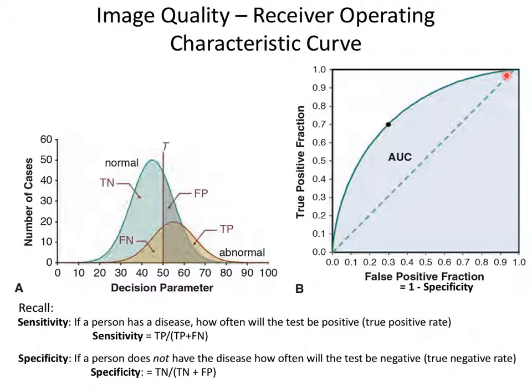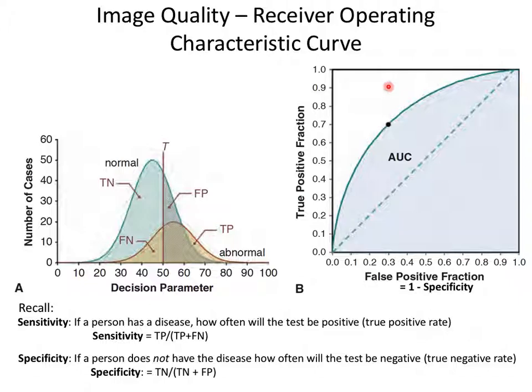You basically test different thresholds and look at this curve and see how close this curve gets to that corner. And you'll see this curve often in papers where people are evaluating, say, CT for the detection of coronary disease versus nuclear medicine, right? They might have an ROC curve for the CT and an ROC curve for the nuclear medicine.